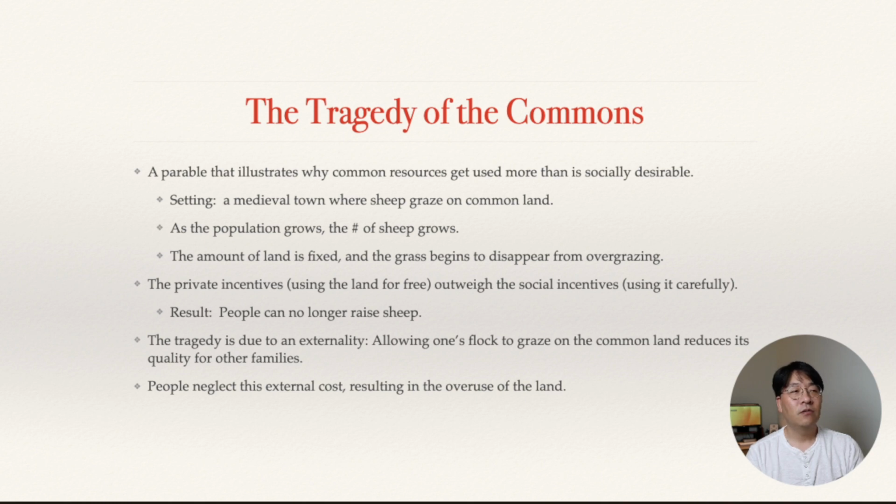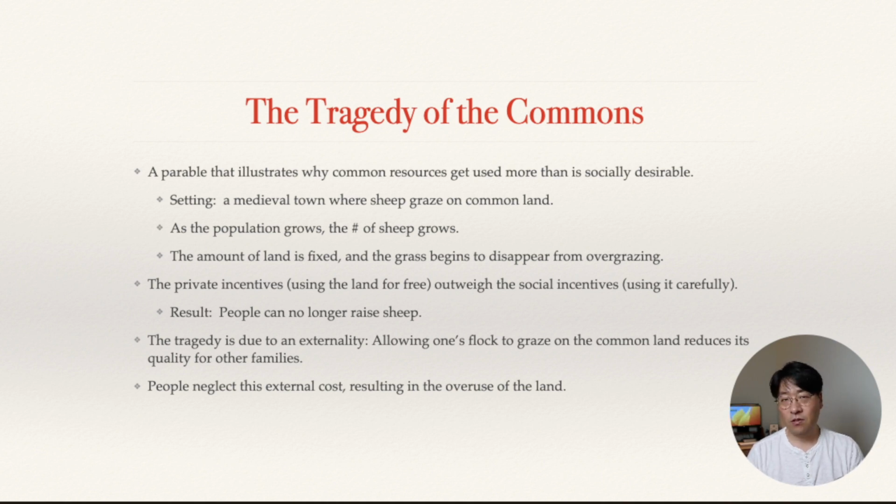The setting is a medieval town where sheep graze on the common land. As the population grows, the number of sheep grows, and more farmers come to graze them. The amount of land is fixed. The grass begins to disappear from overgrazing. The private incentive outweighs the social incentive. As a result, people can no longer raise sheep because the grass field is gone.